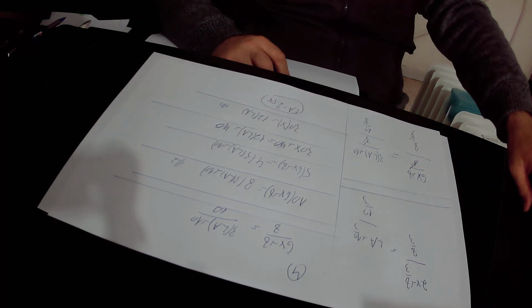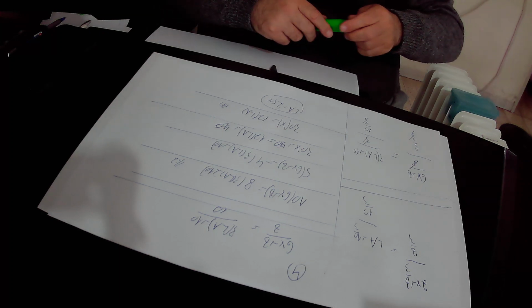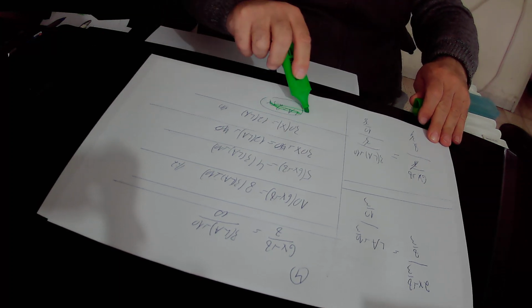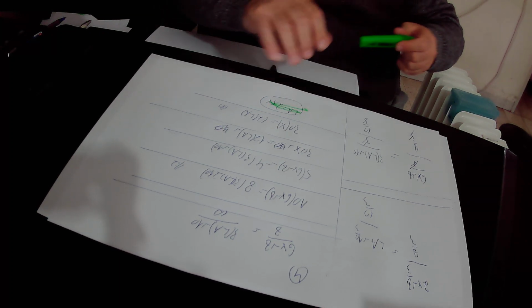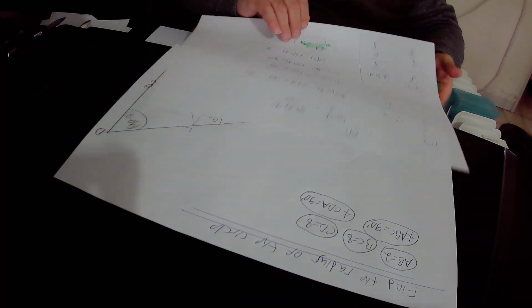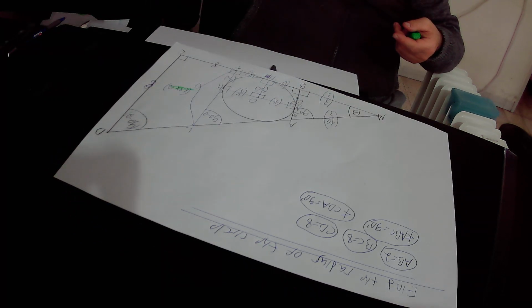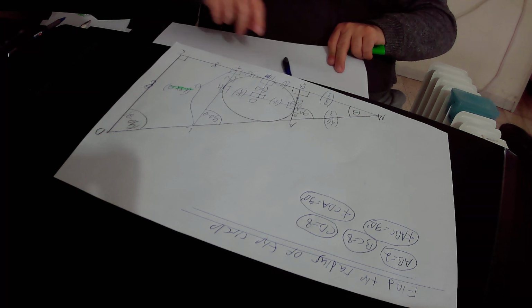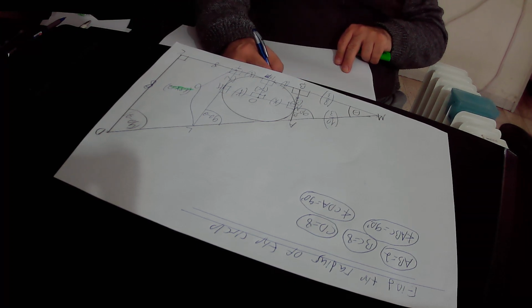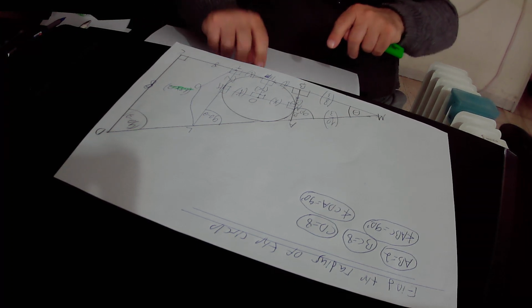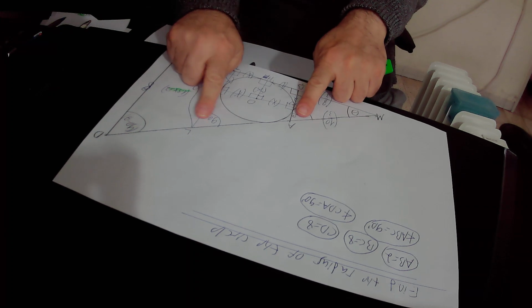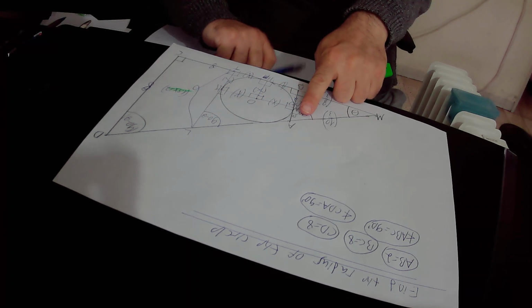So in conclusion, we found out that the length of side LA is 2.5x. So I'll write it down in the original drawing that LA equals 2.5x. This line segment LA equals 2.5x in its length.